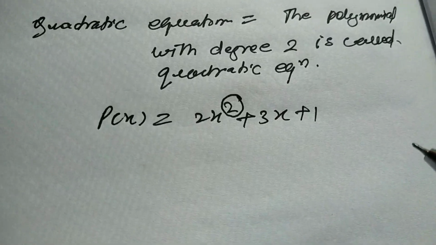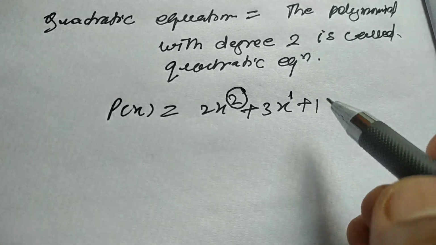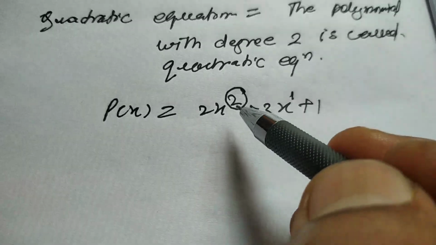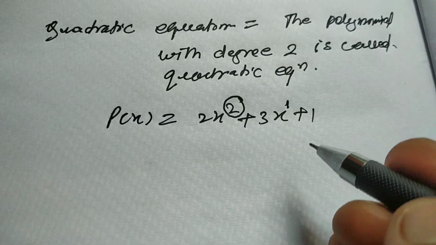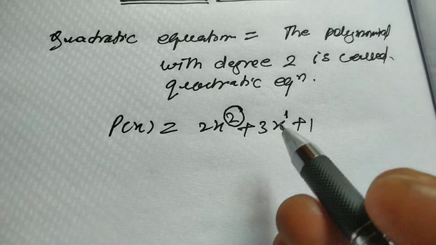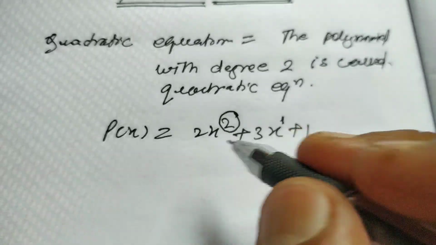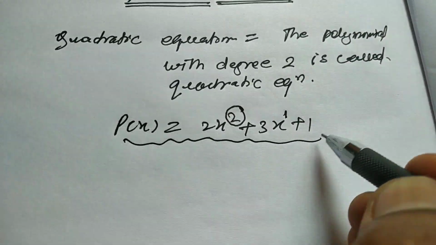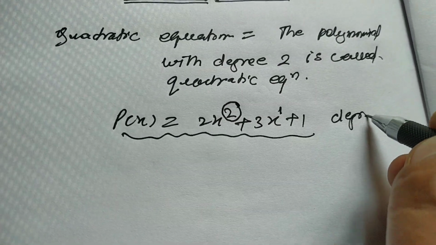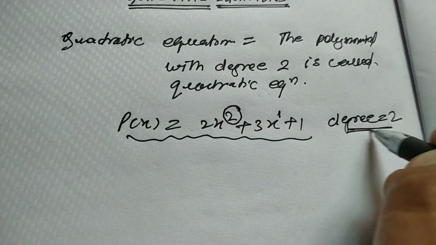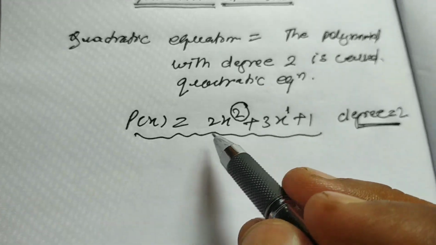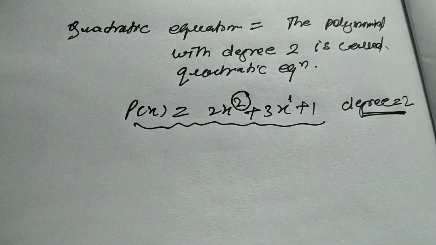The powers here are 0, 1 and 2, and the highest power is 2. So that is called a quadratic equation. That means the degree of this polynomial is 2, and such a polynomial is called a quadratic equation.